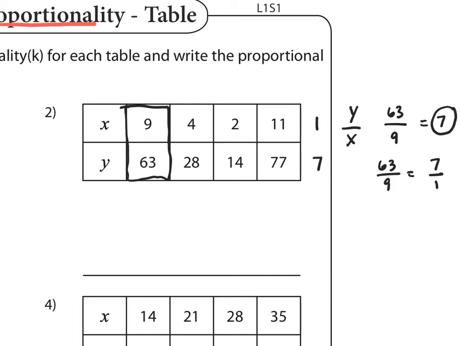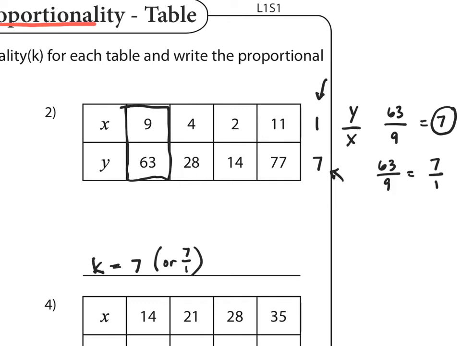But I also want to acknowledge that if you are ever given 1 and an X value, the matching Y value is also going to be your constant of proportionality. So we can say that our K value, or the constant of proportionality, is 7. And I'm going to write it like 7 over 1 for a minute because we're going to talk about that for the next one.